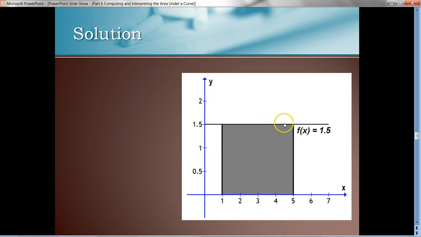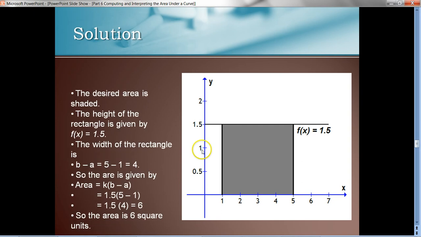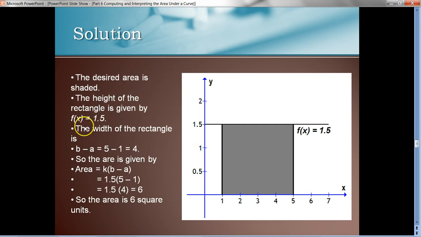Here's our function, f of x equals 1.5. Here is a at 1. Here is b over at 5. Again, looking for this shaded region. All right, so we can just plug all those numbers into our formula here. So the width of the rectangle is given by 5 minus 1, or 4, right? 5 minus 1, that's 1, 2, 3, 4 units for the width.